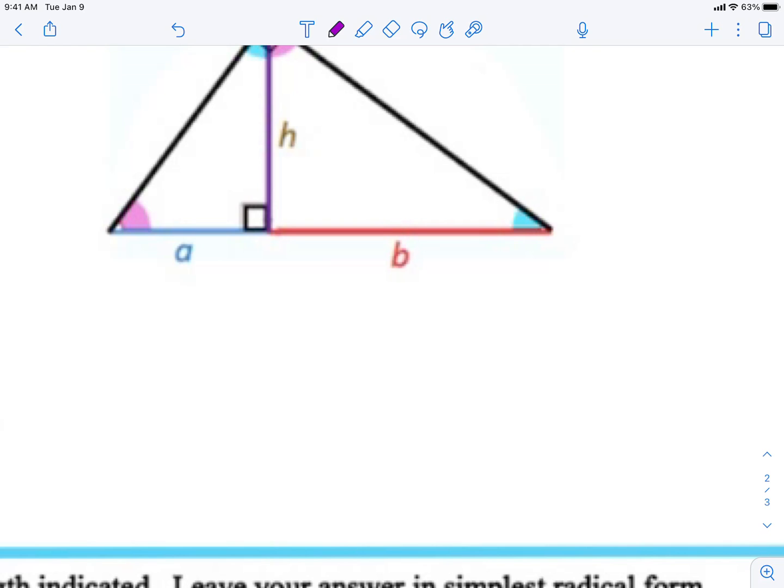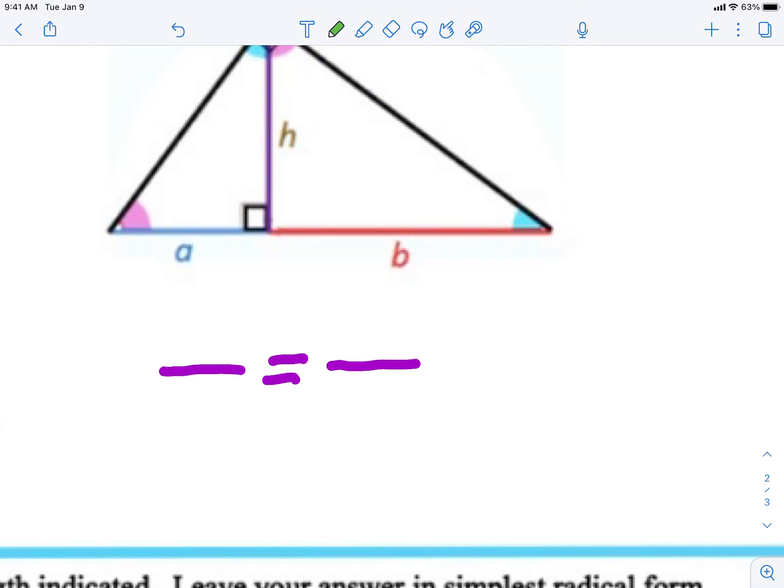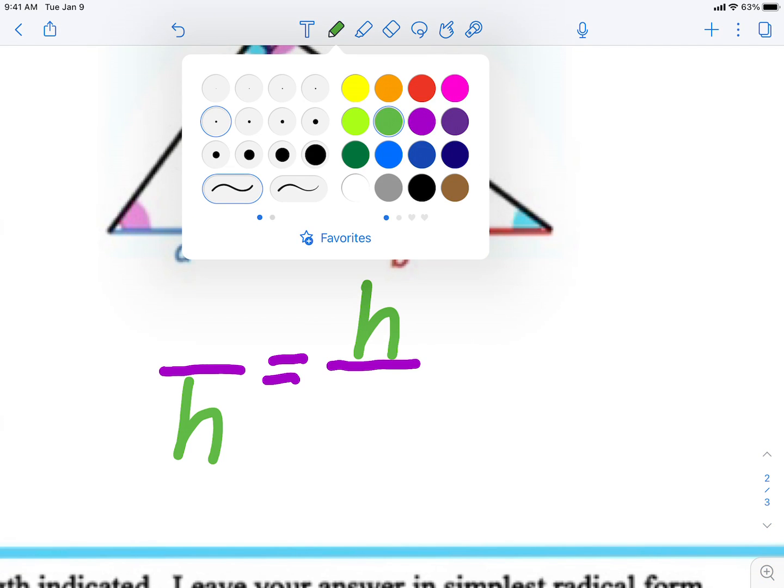What you do is create a proportion, which is a fraction equals a fraction. And check this out. We're going to take these heights: a height on the top left and a height on the bottom right. Got this backwards. A height on the bottom left and a height on the top right. And I bet you can guess where this A and this B are going to go. Exactly.